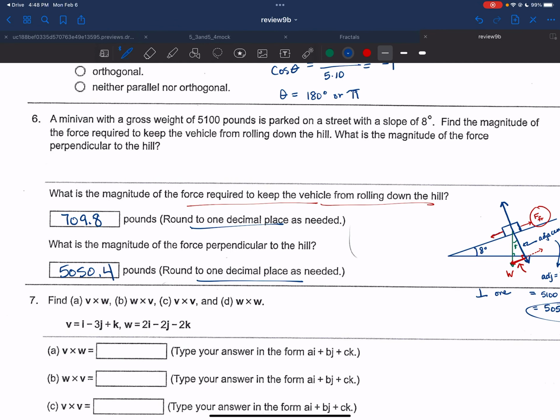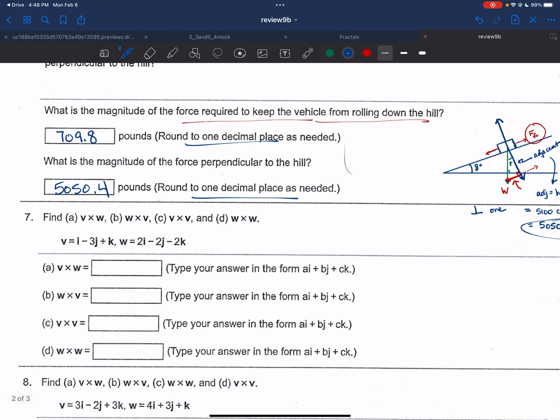All right. Find V cross W, W cross V, V cross V, and W cross W. We know by algebra that V cross V and W cross W is going to end up giving us 0, right? Because we're taking something, multiplying the cross, and then subtracting the same cross.